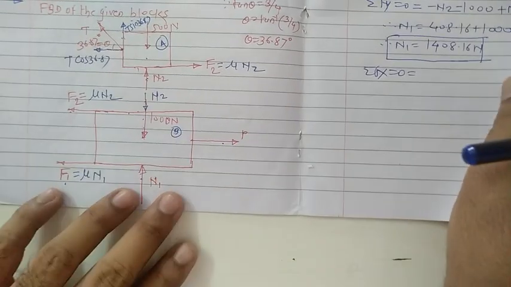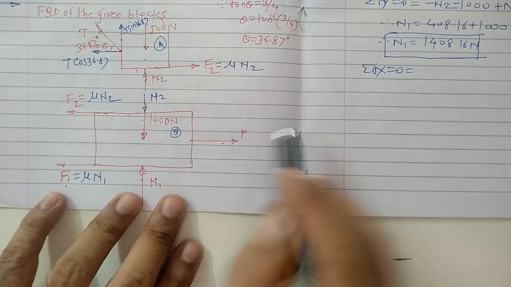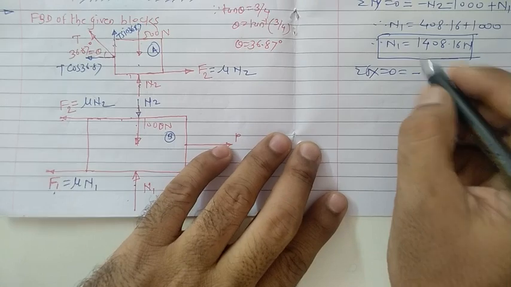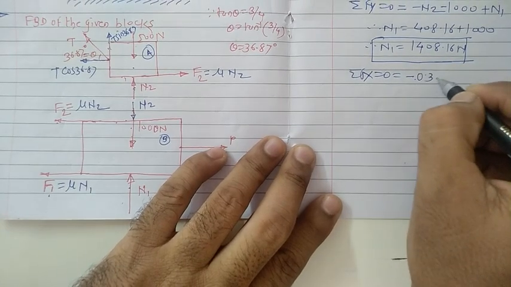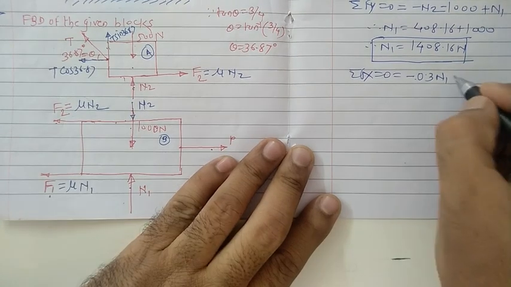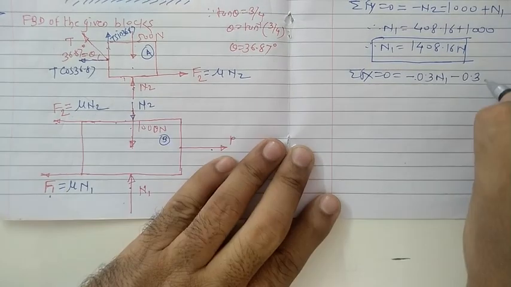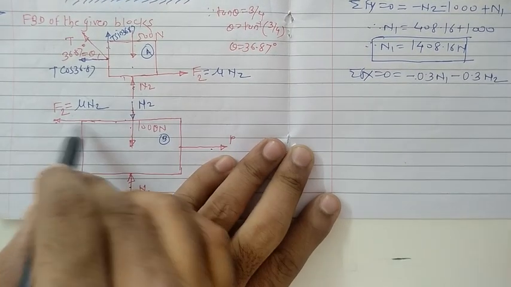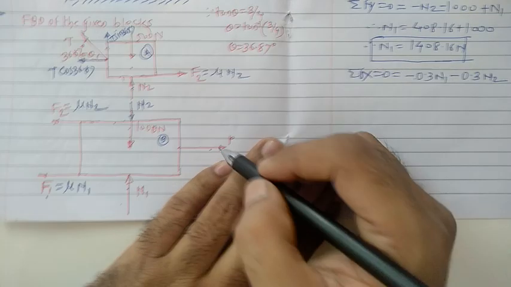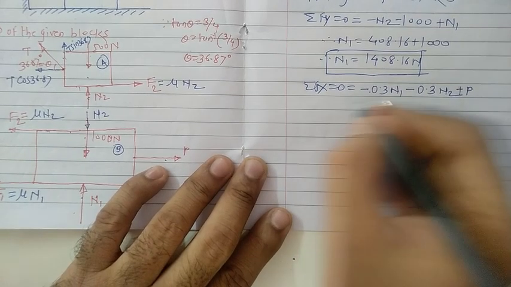Now move on to the next relation, that is summation of Fx equal to 0. Focus only on the horizontal forces. Here is the first force, here is the next force, here is the next force. The first force has magnitude mu multiplied by N1, with mu 0.3. The next force is F2, with the minus sign, minus mu, that is 0.3, multiplied by N2. Both forces are running towards the negative side, that's why the minus sign is given here. The next one, the P force, has the plus sign, and we equate it with 0.